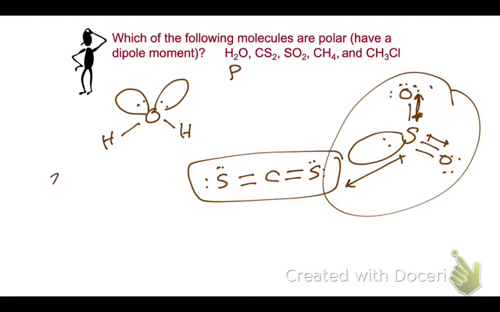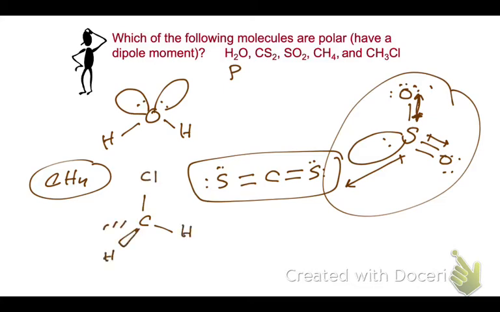If you do CH4, I wouldn't even draw it. It's carbon and hydrogen only, non-polar. There are no polar bonds here to start with. If you do chloromethane, then we have done this before. This portion of the molecule is non-polar. This one has a dipole going to chlorine that makes the molecule polar.